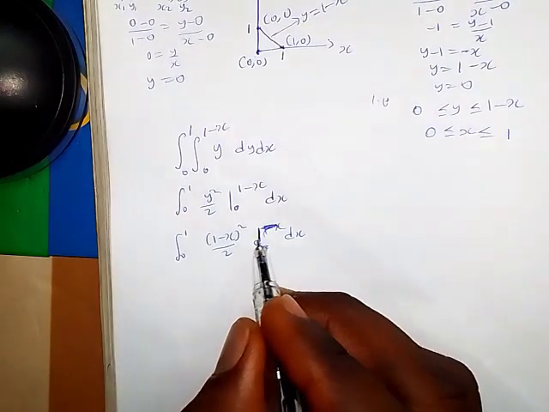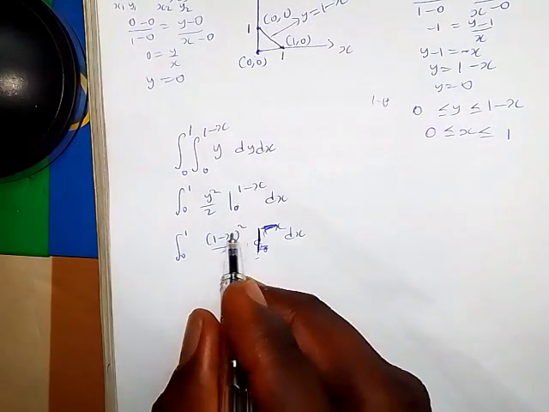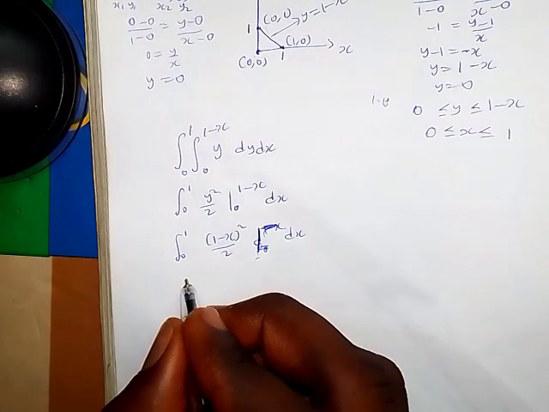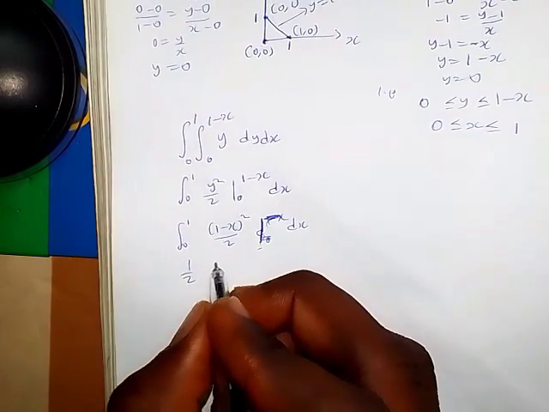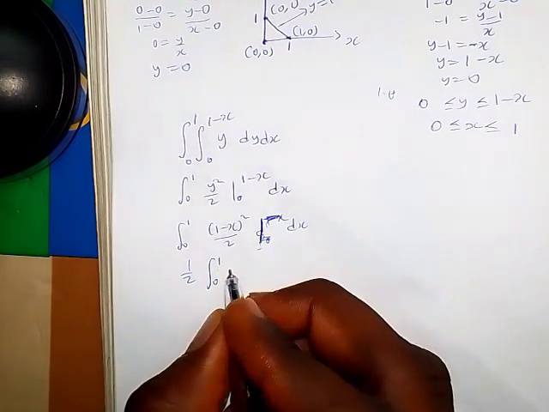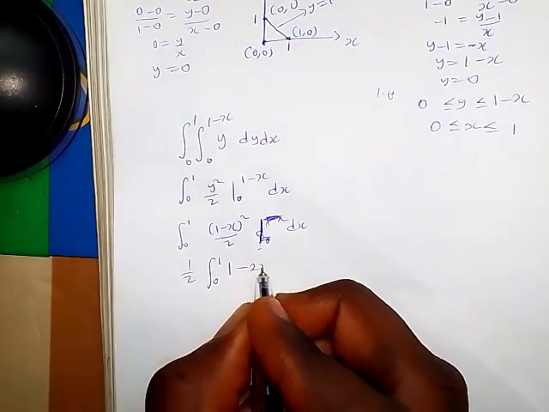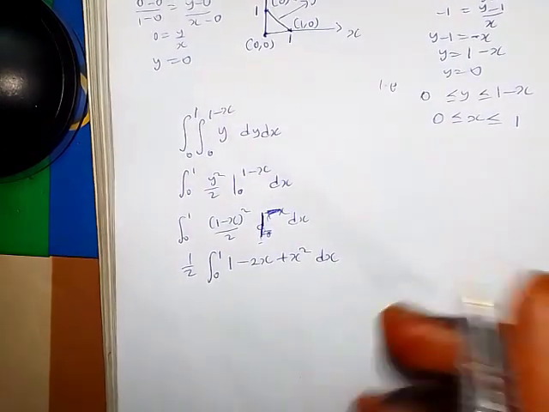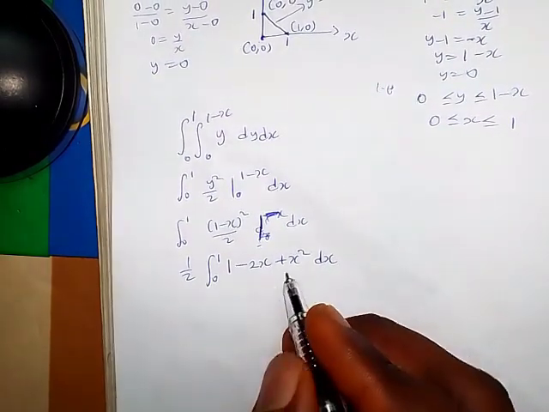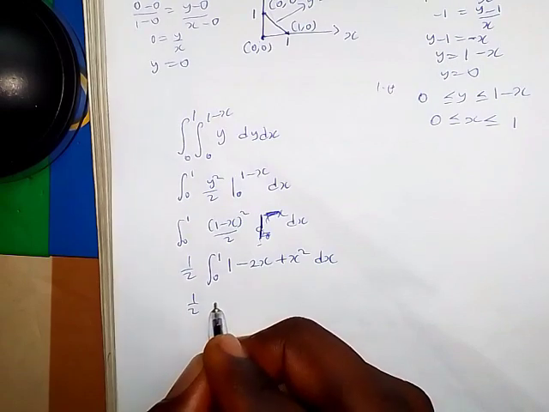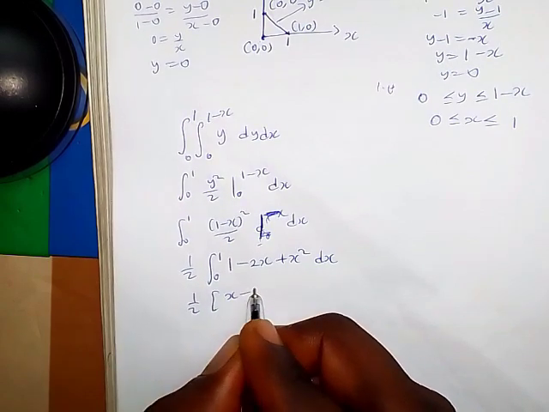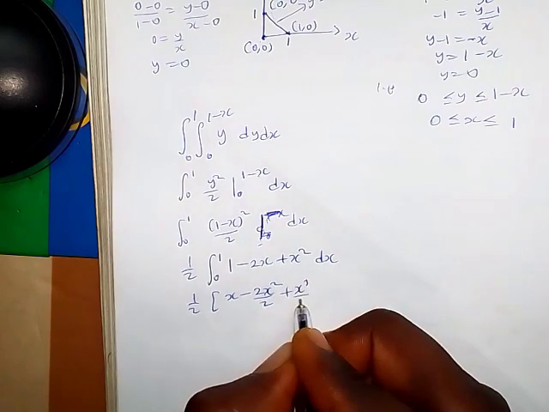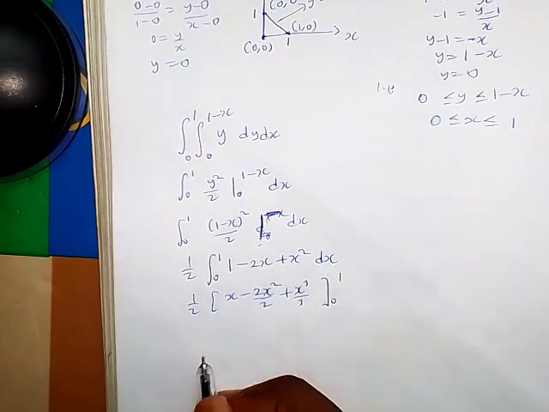Let's expand this. We can take the half outside, with the integral from 0 to 1. When we expand, we have 1 minus 2x plus x squared dx. Now we integrate with respect to x: x minus 2x squared over 2 plus x cubed over 3, from 0 to 1.